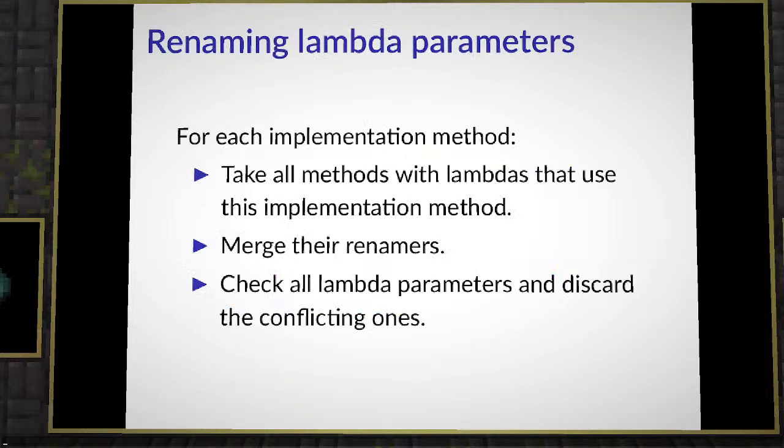So now that we have a relation between lambdas and implementation methods, renaming the lambda parameters actually gets pretty easy. Because whenever SugarCane finds an implementation method in the Parchment data, it can just look at which lambdas used that implementation method, and then take all the methods that contain those lambdas and merge their parameter renamers together, and then use that parameter renamer on the lambda parameters to also map them, and only add a p if required.